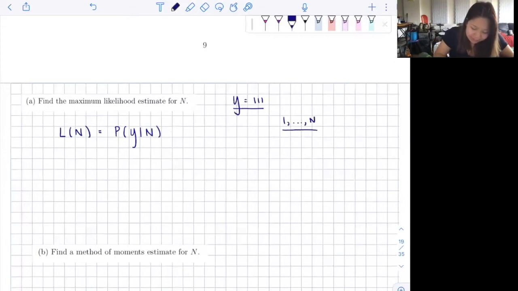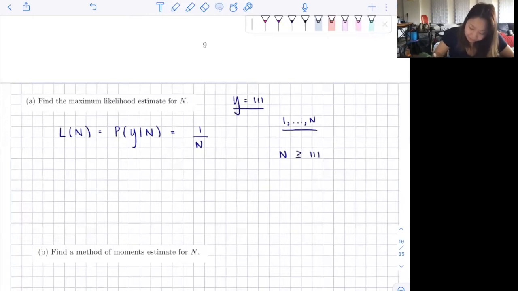So it is going to actually just be 1 over N. And the support here is that N has to be greater than or equal to our data, 111.